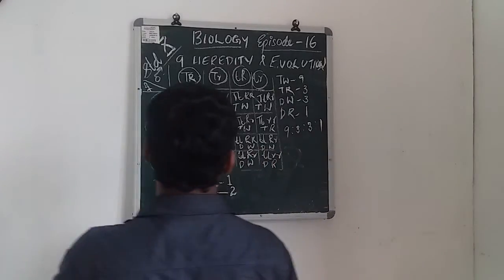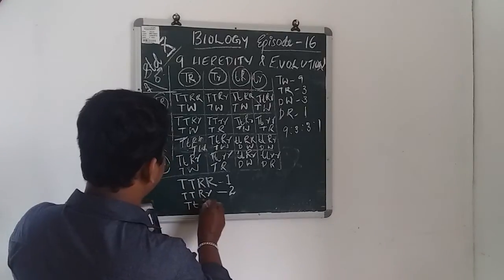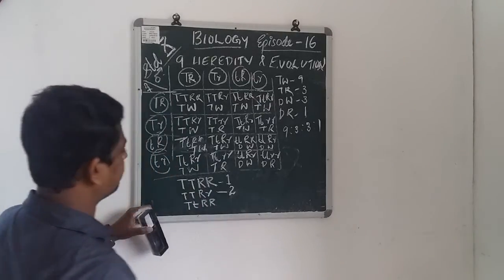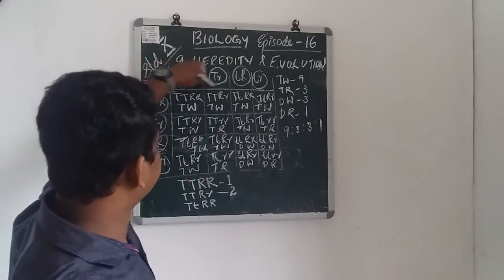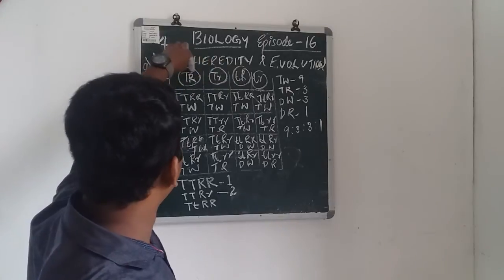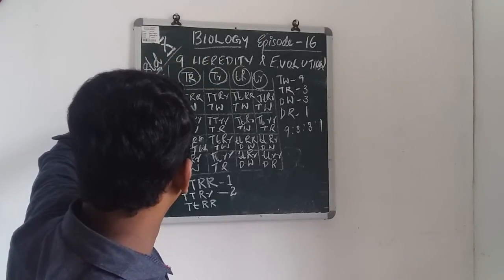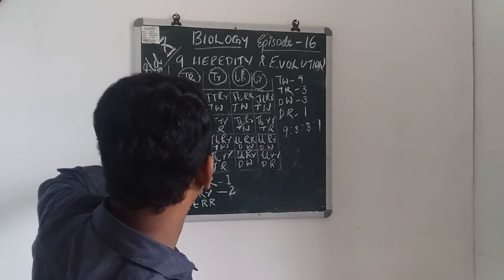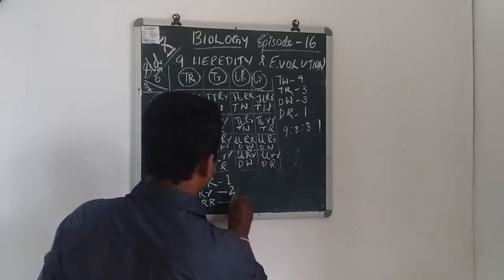And this next is capital T, small t, capital R, capital R. Capital T, small t, capital R, capital R. That is 1.